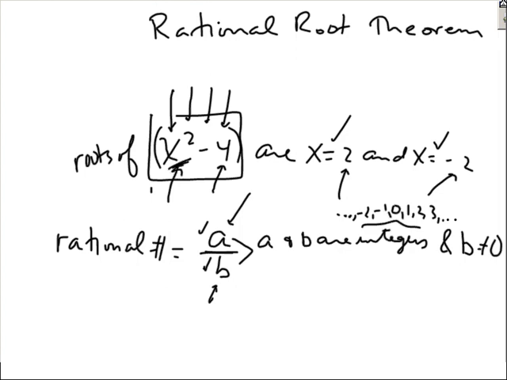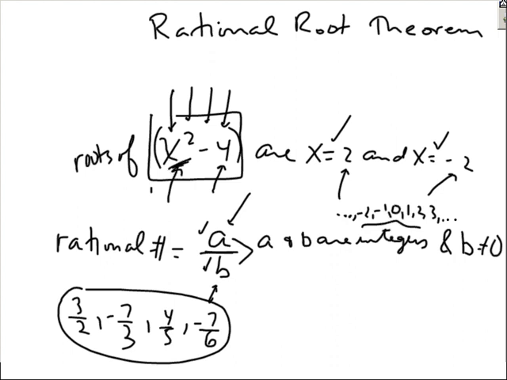So rational roots will be numbers like 3 over 2, negative 7 over 3, 4 over 5, negative 7 over 6. These are rational numbers, and they would be rational roots if they made a polynomial equal 0. For example, x squared minus 4, the rational roots would be 2 over 1 and negative 2 over 1.